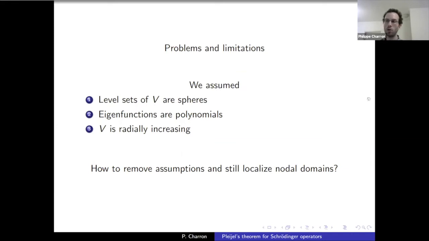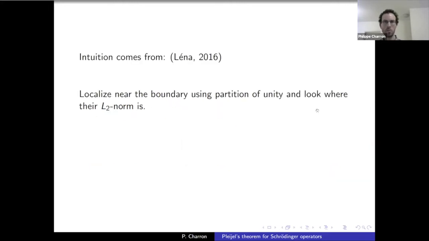So how can you localize without having this idea of cutting and showing that you don't intersect, or not too many times? The method in itself is quite elegant once you see the intuition and once you see the final result that you want to get first.